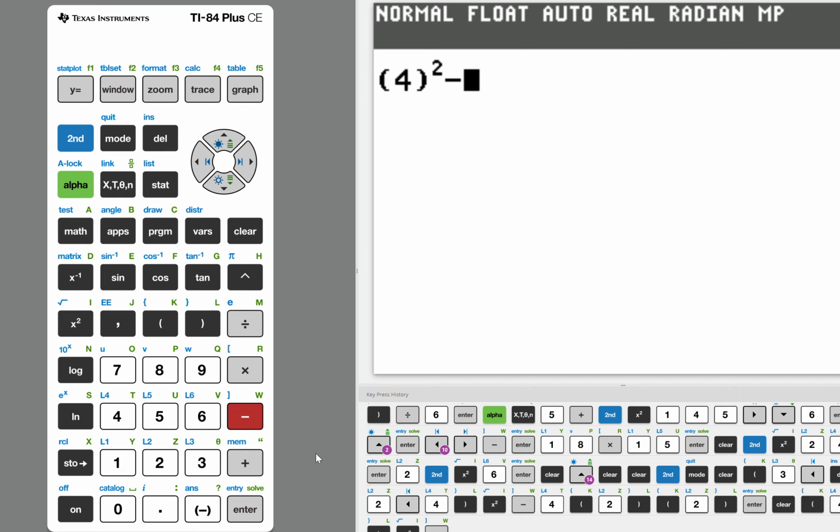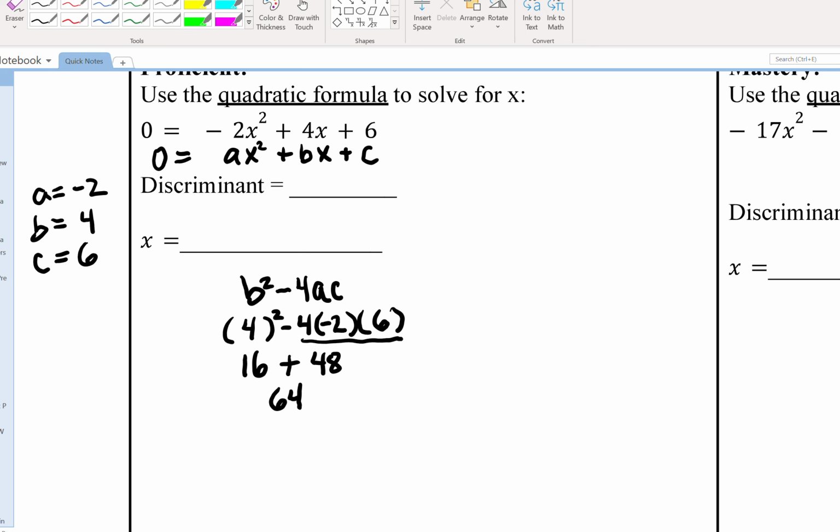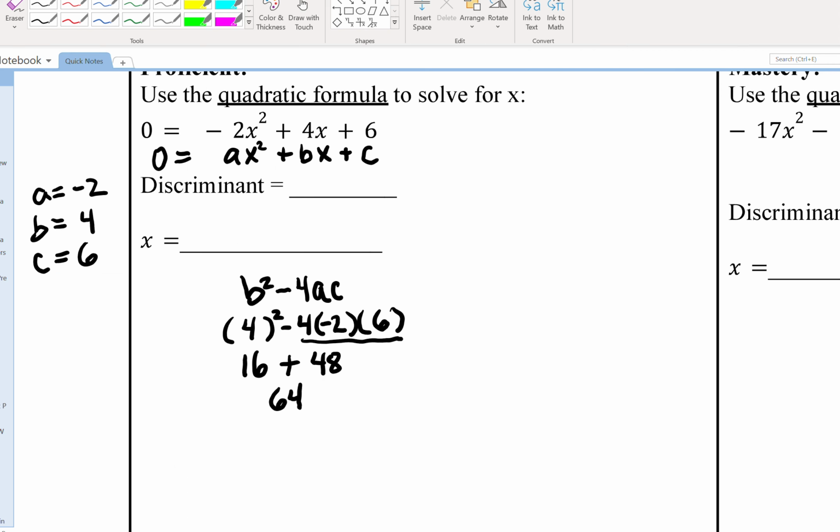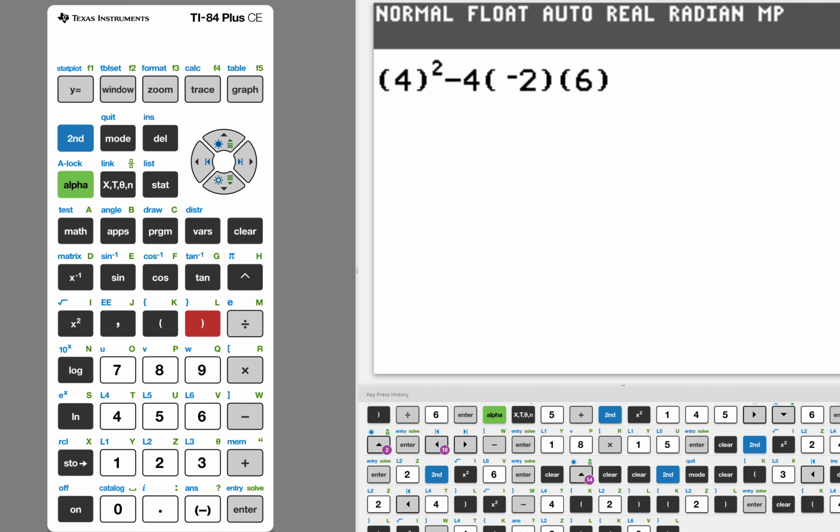So that's 4 squared minus 4, then open parentheses, -2, and then 6. Make sure when you're using the negative that you use the little minus sign at the bottom that has the parentheses. We hit enter, and sure enough, we got 64.